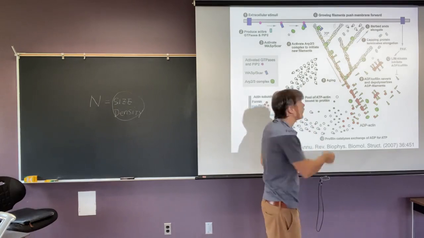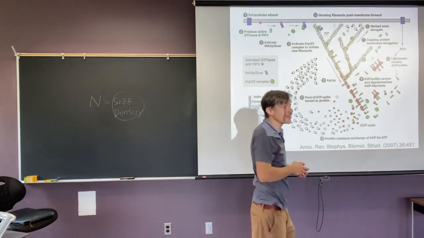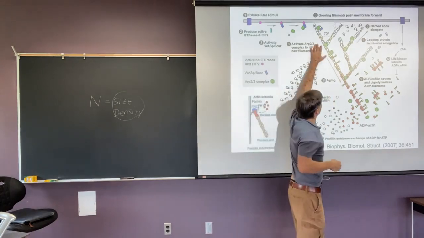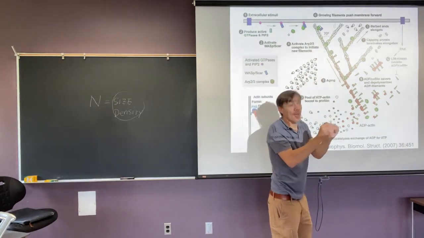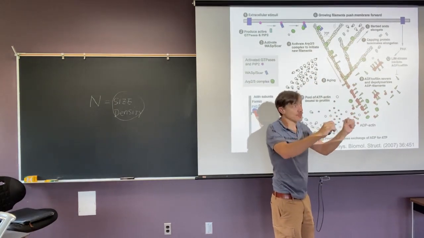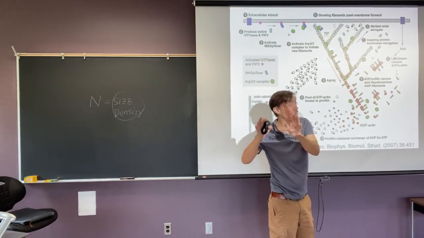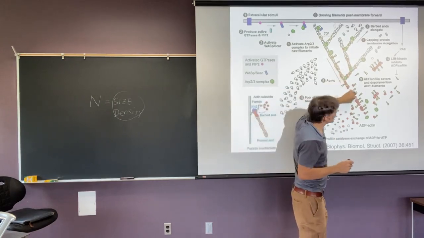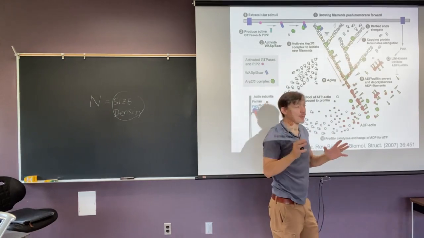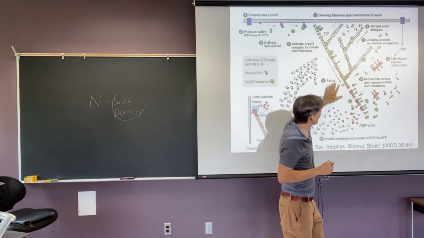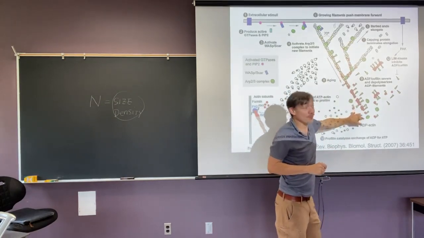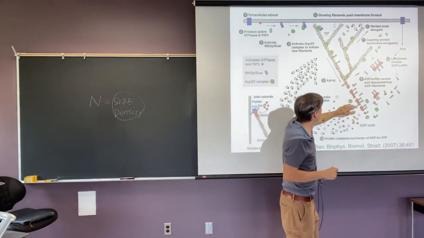So we start off with ATP actin at the very tip. It's going to be hydrolyzed, so we have actin with ADP and phosphate. Those phosphates are going to pop out, and we're left with actin ADP, and then we have old actin back here.